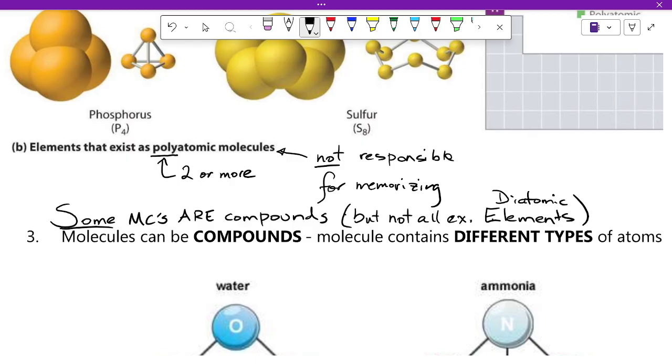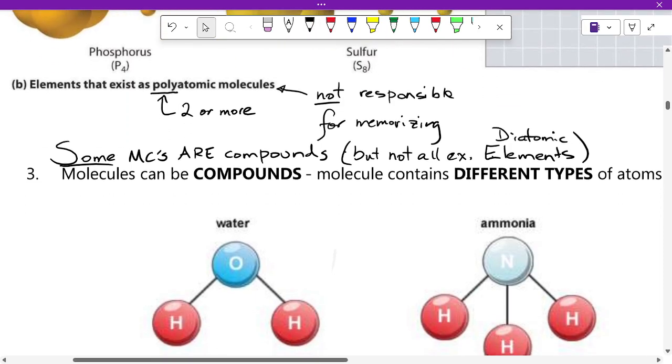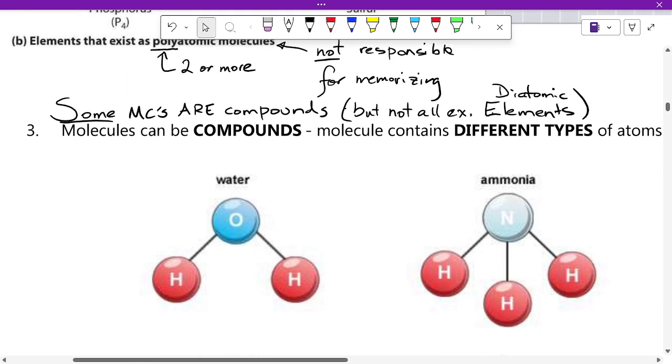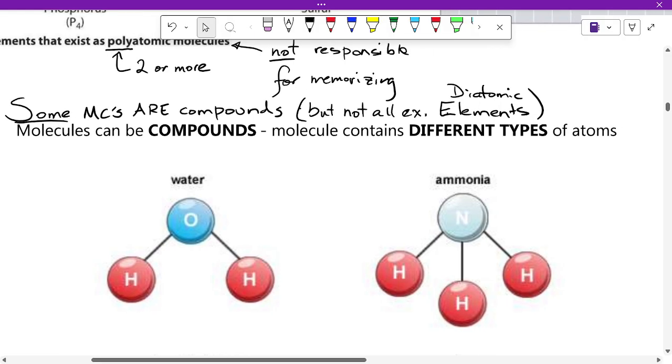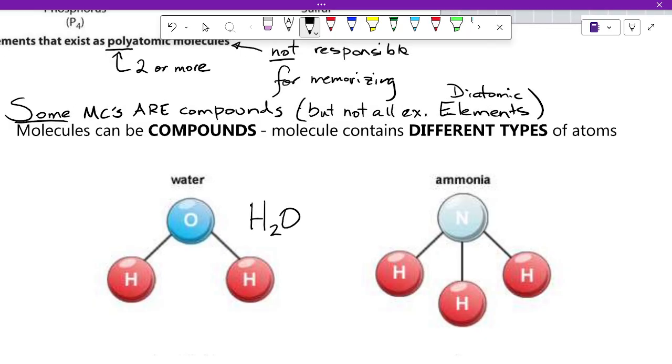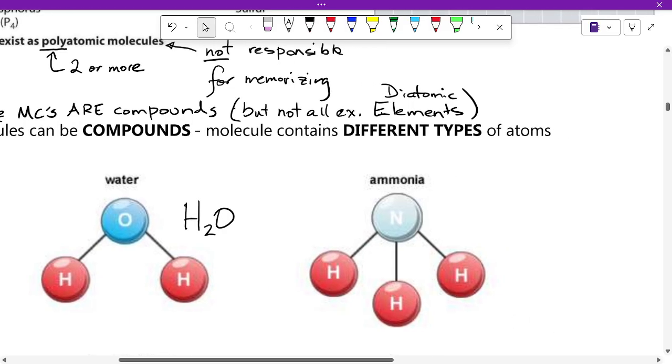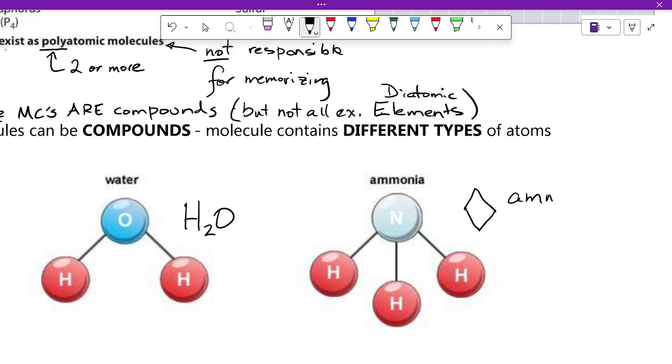Okay, so here are some compounds, and here's a little bit of enriched stuff for you. Water is not enriched. Everybody should know water is H2O. But if you want to be enriched, you should know ammonia is NH3.